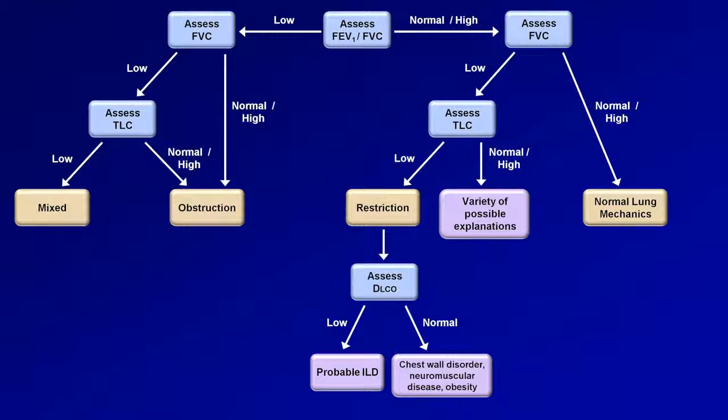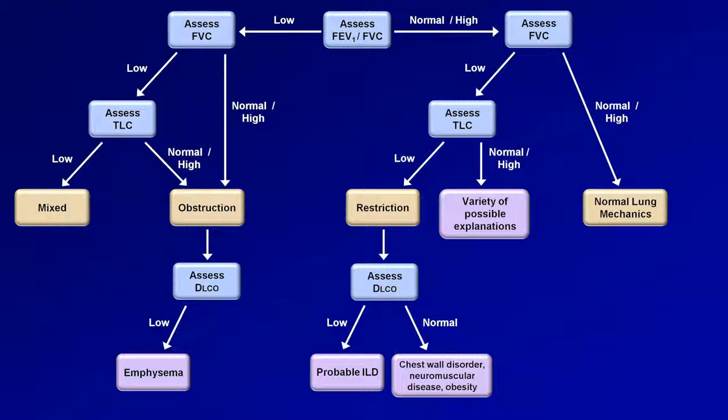In addition, the DLCO can be used for patients with obstructive lung disease. A low DLCO suggests more of an emphysema subtype of COPD, while a normal DLCO suggests a pure chronic bronchitis subtype of COPD. As most patients with COPD fall somewhere in the middle of the spectrum, most have low DLCO, and it will be normal in only very few.